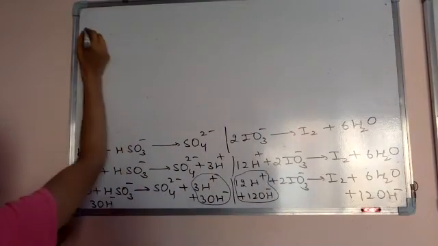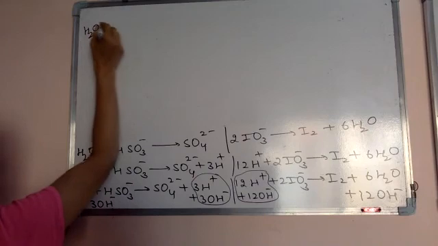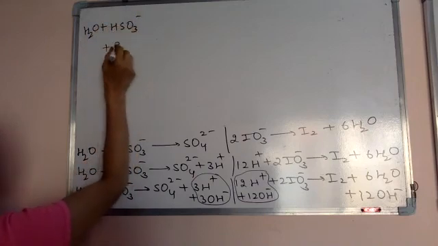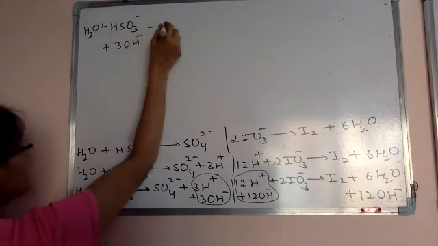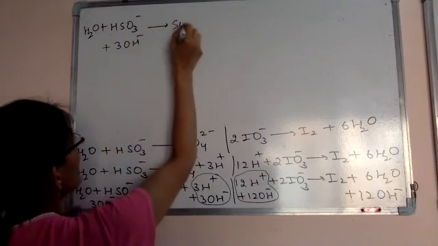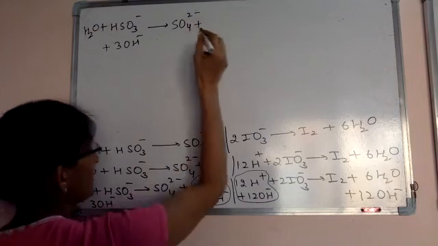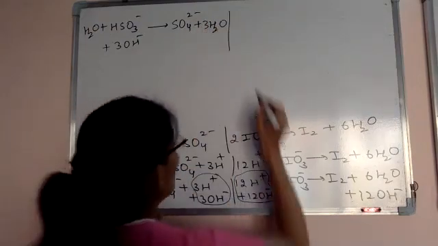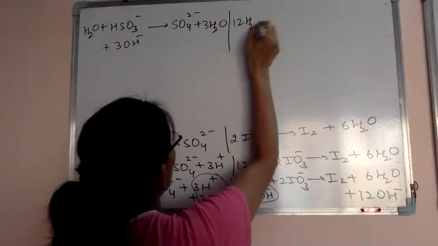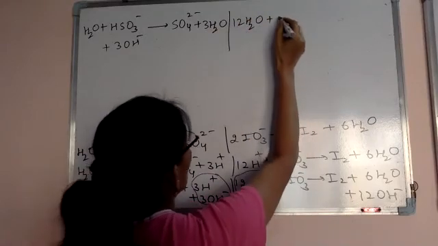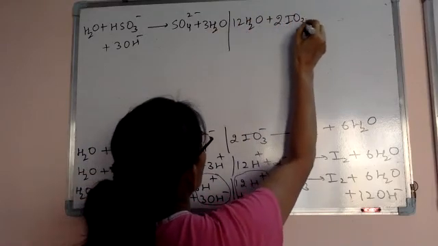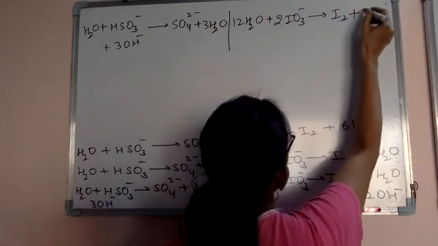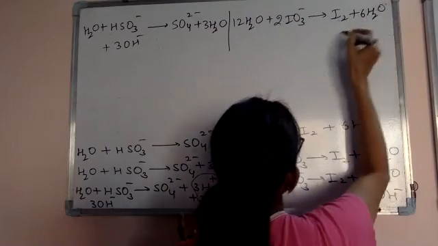This equation becomes H2O HSO3 minus plus 3OH minus gives SO4 2 minus plus 3H2O. And second equation, this would be 12H2O plus 2IO3 minus gives I2 6H2O plus 12OH minus.